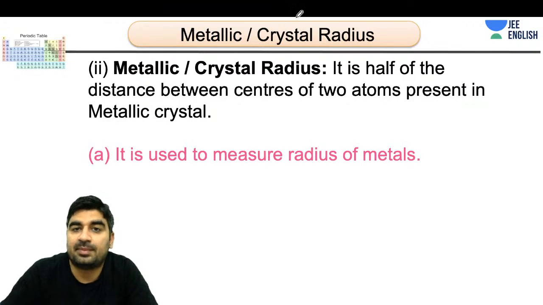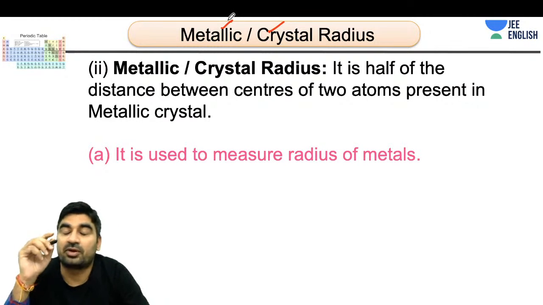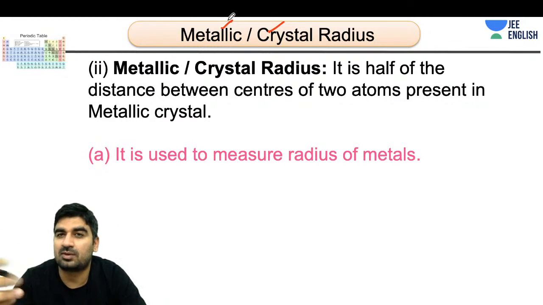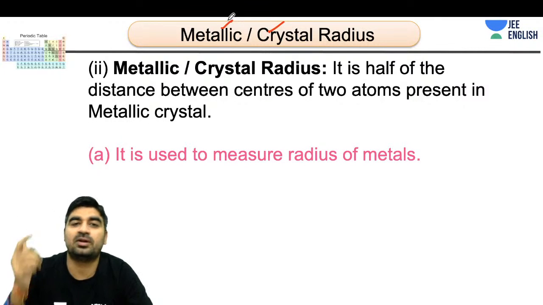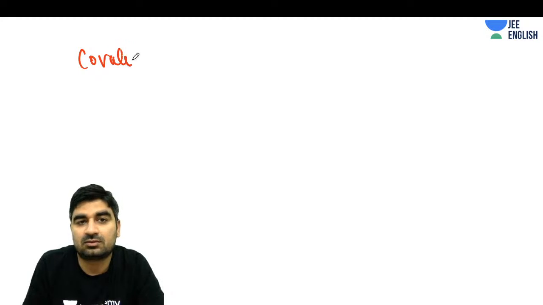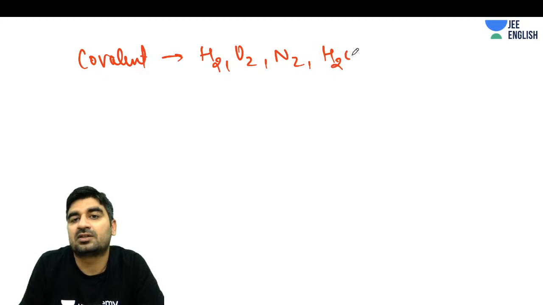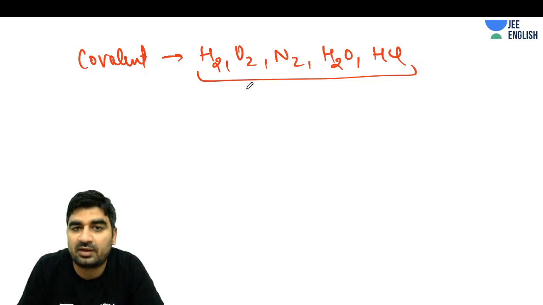Let's talk about the metallic or crystalline radius. So this is the point. So till this point, I was talking about the covalent radius, but the covalent radius, we talk about for the molecule which form covalent bond: H2, O2, N2, HCl, because among all these molecules we have covalent bond.